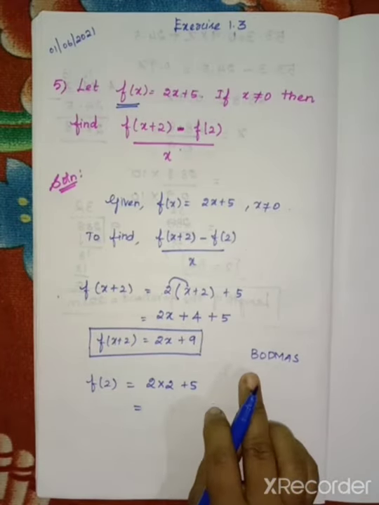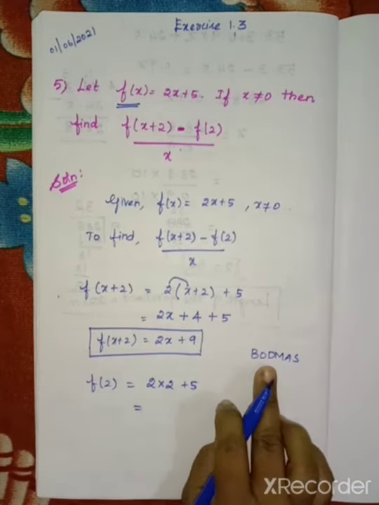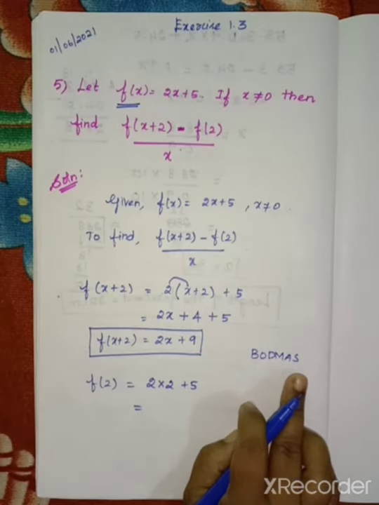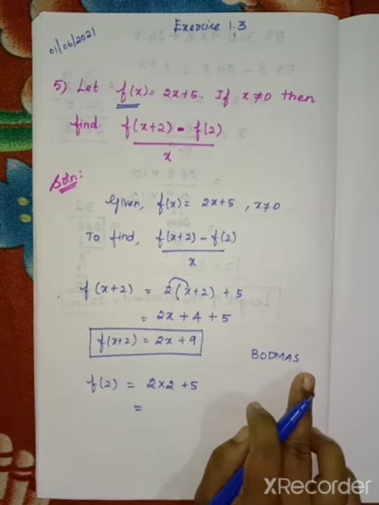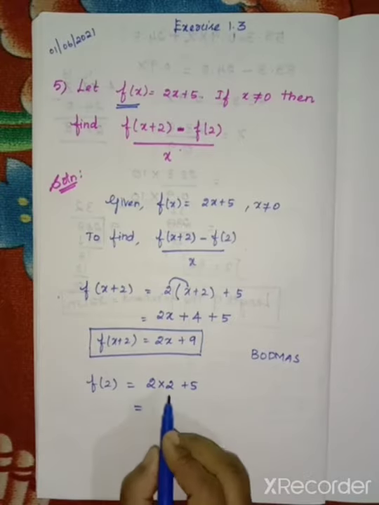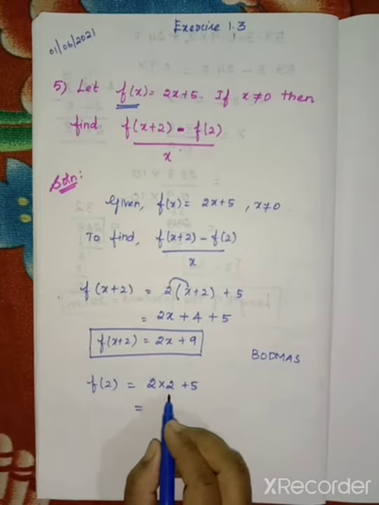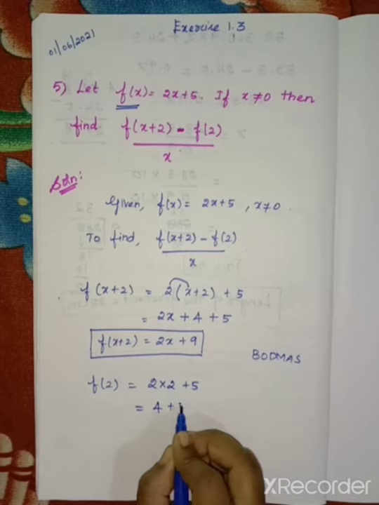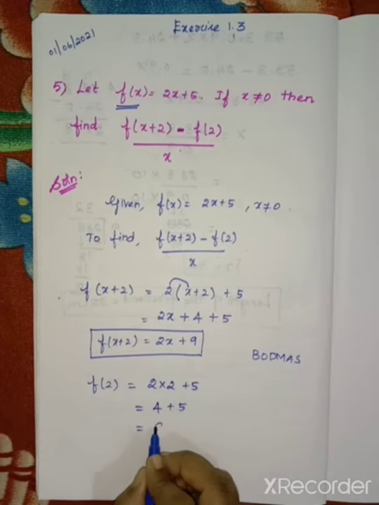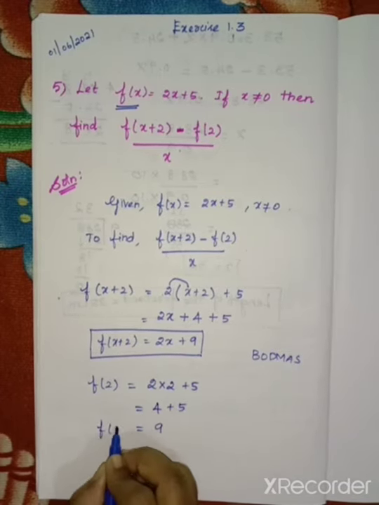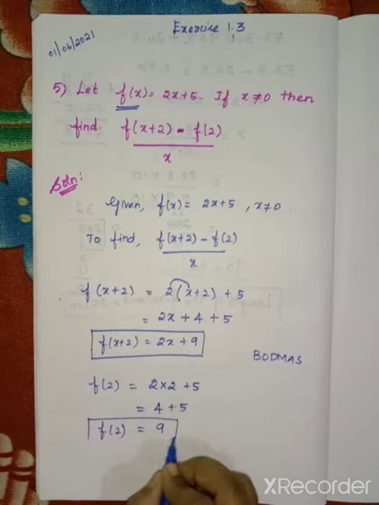First solve the bracket, then of, division, multiplication, addition, subtraction. Likewise we use it for all simplification. Here the multiplication: 2 twos are 4, plus 5, we get 9. So f of 2 equals 9.